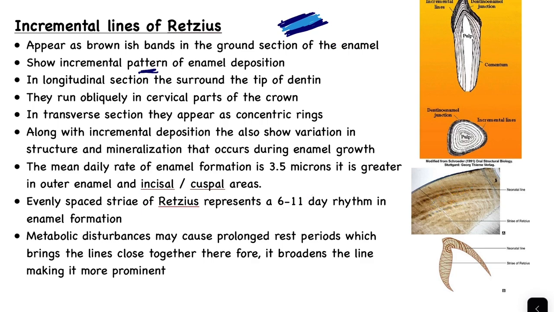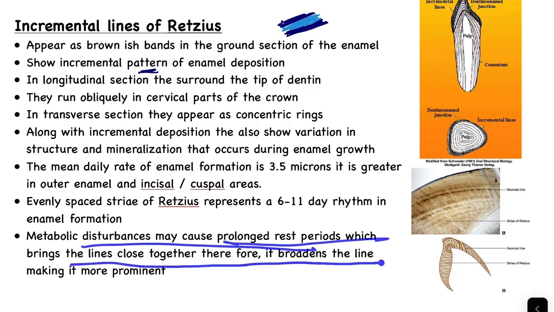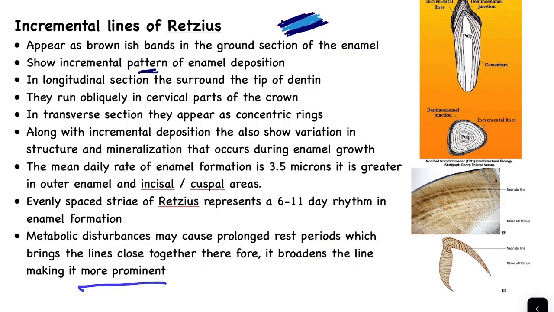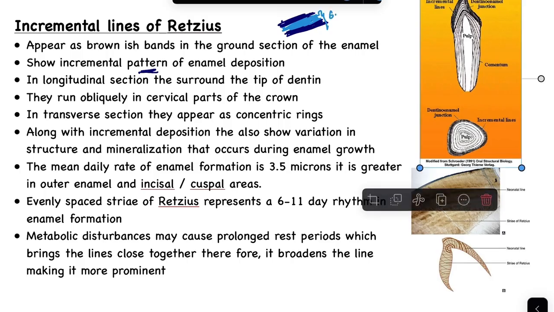Metabolic disturbances may cause prolonged rest periods, which bring the lines close together, and therefore it broadens the line, making it more prominent. So what will happen if I have a metabolic disturbance? This resting period will be prolonged. Let's just say that this took 6 days to form. Now in 6 days, only a very small amount of enamel will be formed.